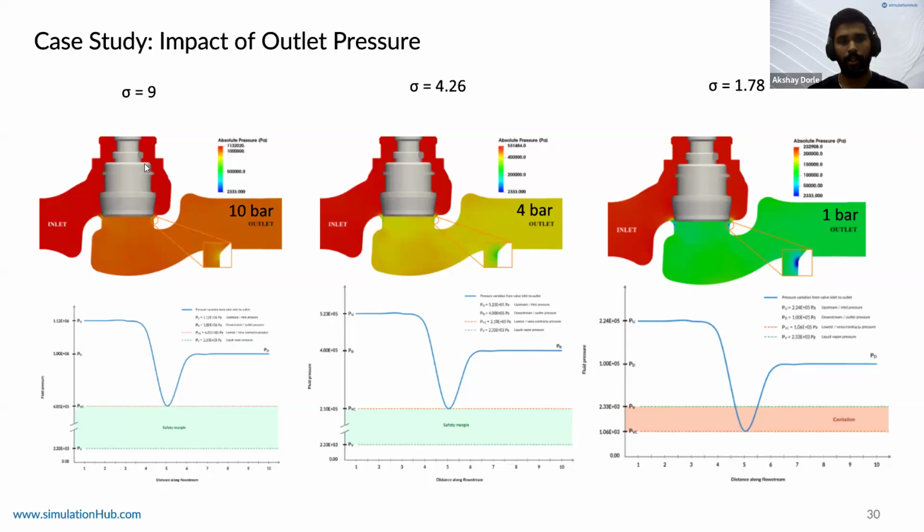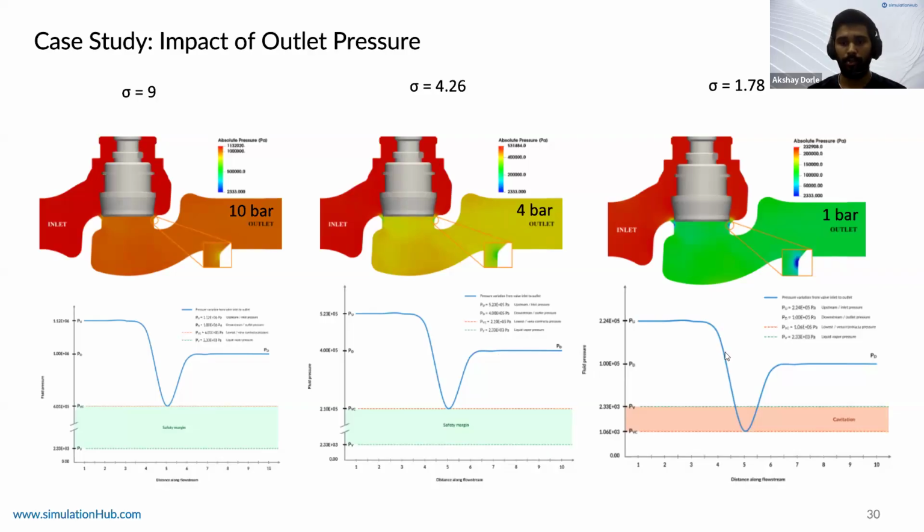And we found out that the cavitation index was 9. Then we started reducing the downstream pressure. When we move to the next one at 4 bar downstream pressure, we see that the cavitation index drops from 9 to 4.26, and we drop it further to 1 bar, and we see that the cavitation index is 1.78.